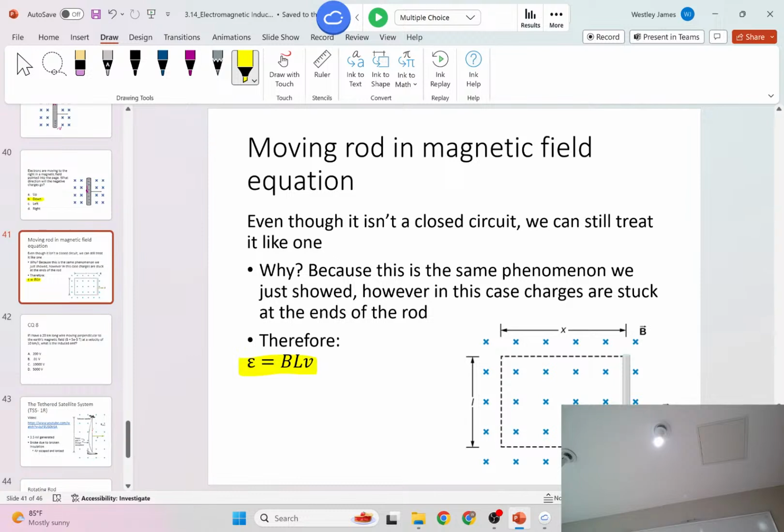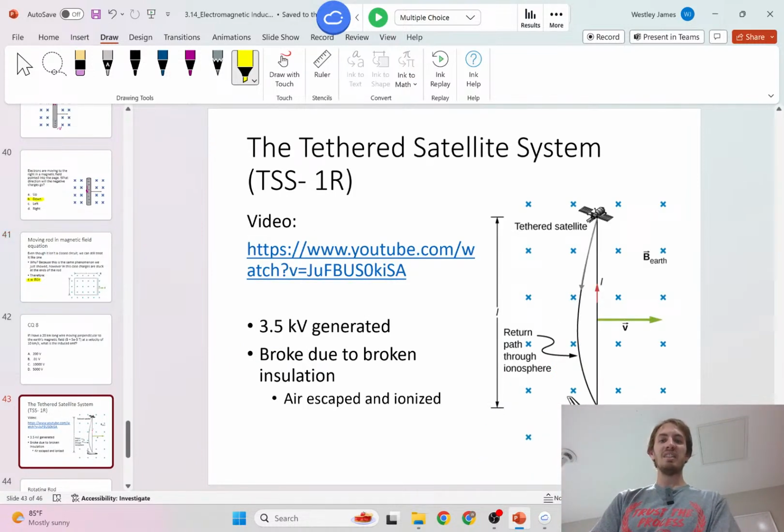Well, it's really hard to move things fast on Earth because of air resistance. So this is legitimately something that happened. On the space station, they released something with a wire, and they made this wire super long.